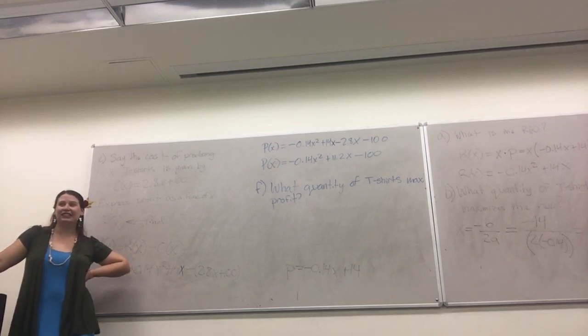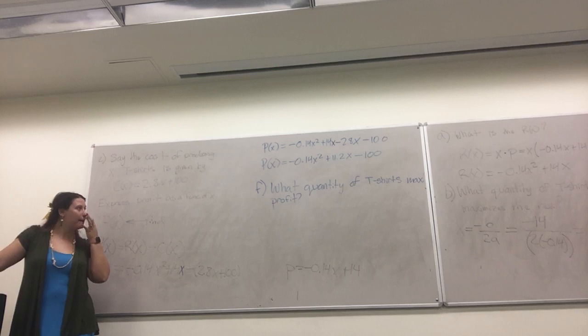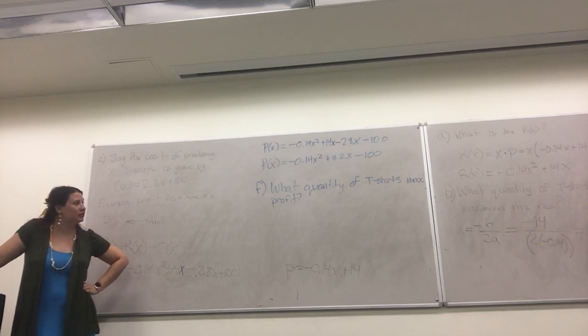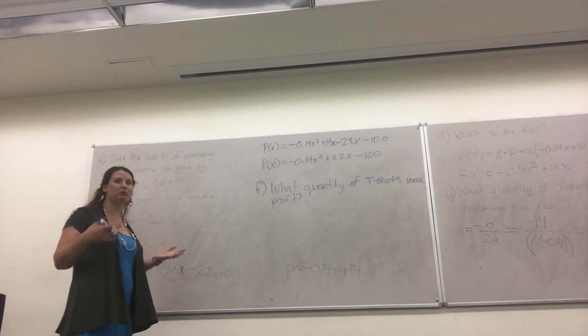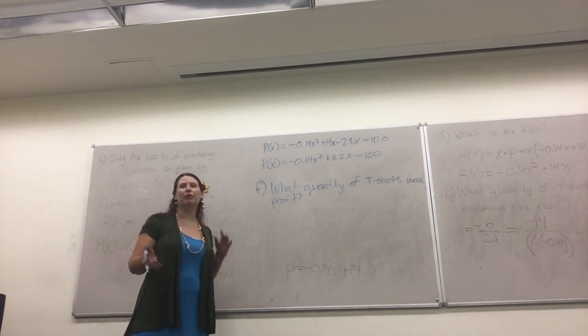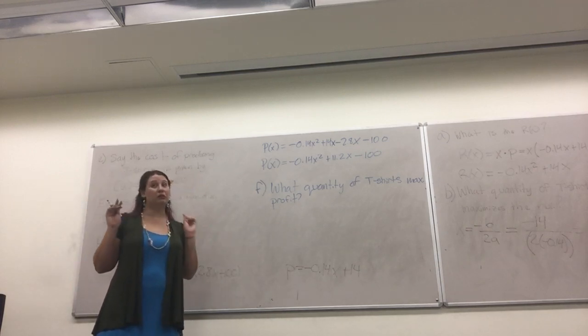Okay, so now we want to find how many t-shirts we have to sell to maximize the profit. Vertex, yep, it's a little repetitive, right? But we're doing it with a different equation and we will be surprised.